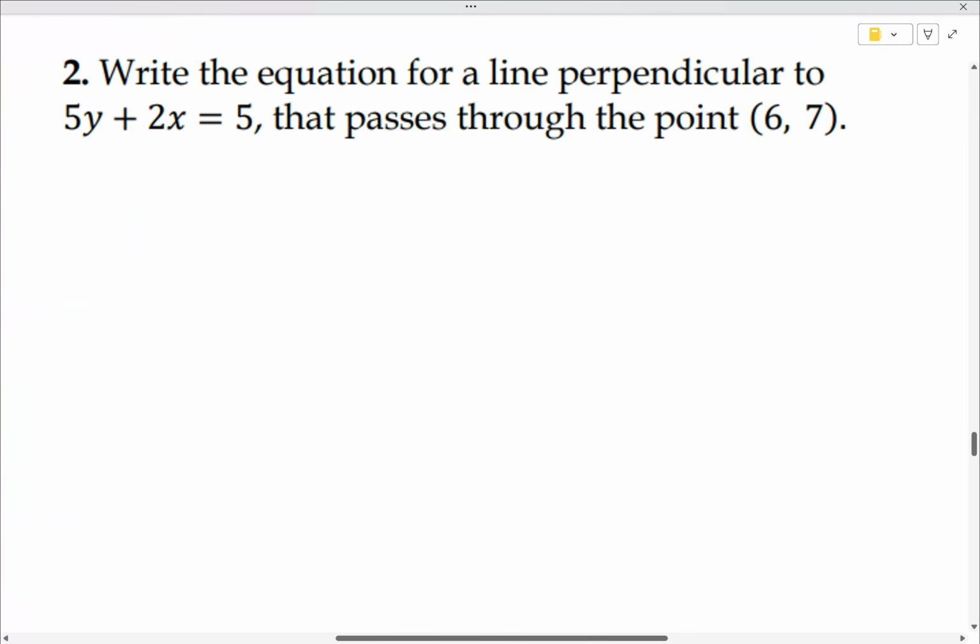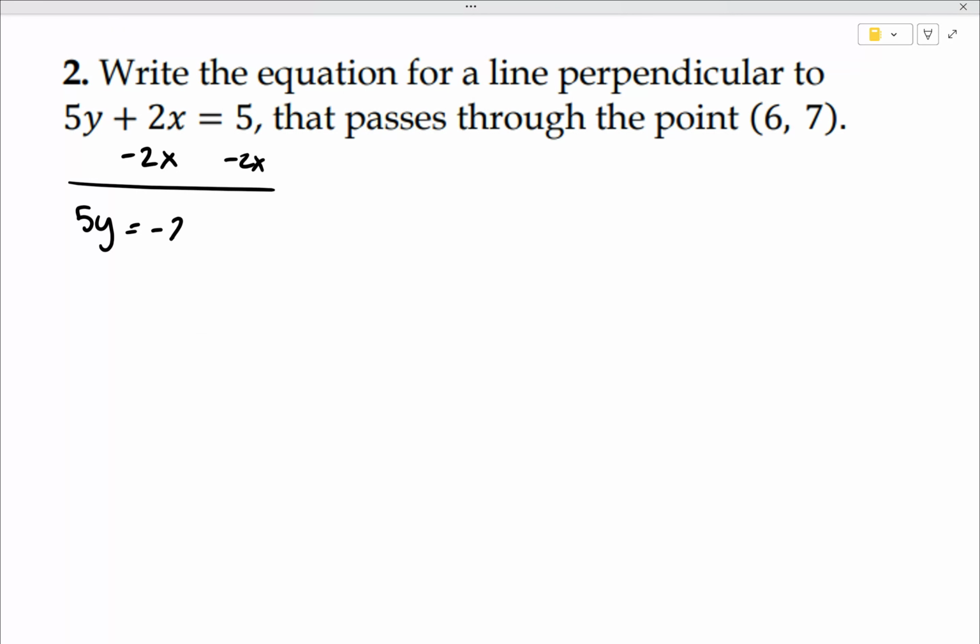So example 2. This is an example where I don't have our slope-intercept format, so I'm going to solve for y. So I'm going to move my 2x over. 5y equals negative 2x plus 5, and then we're going to divide everything by 5. Negative 2/5 x plus 1. So out of here we need our slope.